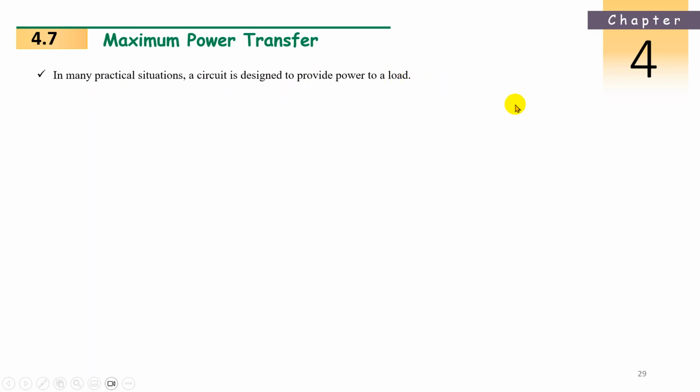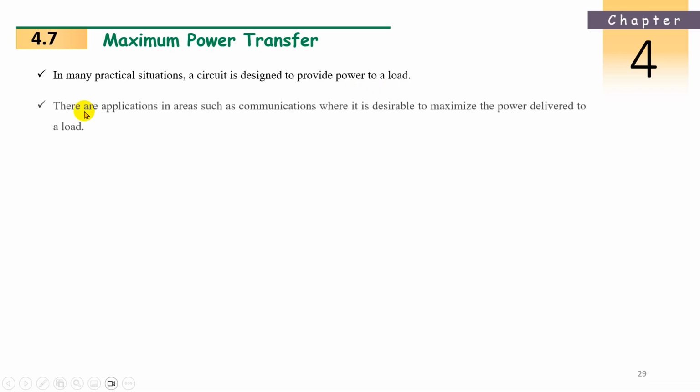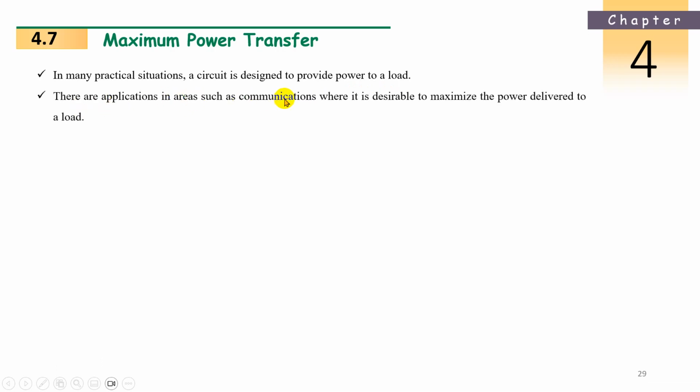The load resistance between terminals A and B on the right hand side is generally the load resistance, and in that resistance we have to deliver maximum power. So how is that possible? There are applications in areas such as communications where it is desirable to maximize the power delivered to a load. In communication networks, we always want the power delivered to be maximum during working.